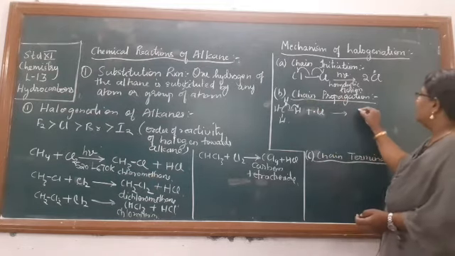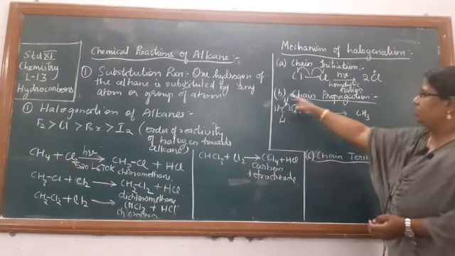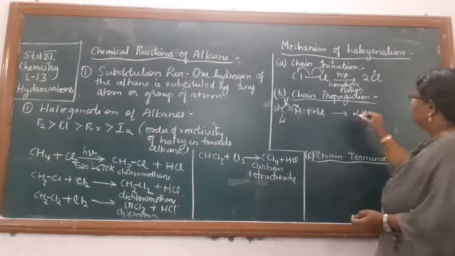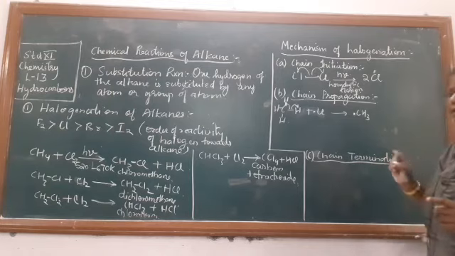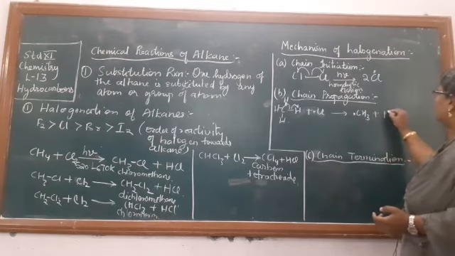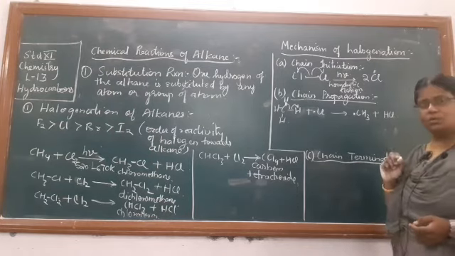So now you have CH3, जो मिथाइल ग्रुप है, an unpaired electron is remaining there, so it is methyl free radical plus HCl, ऐसा हो जाता है.